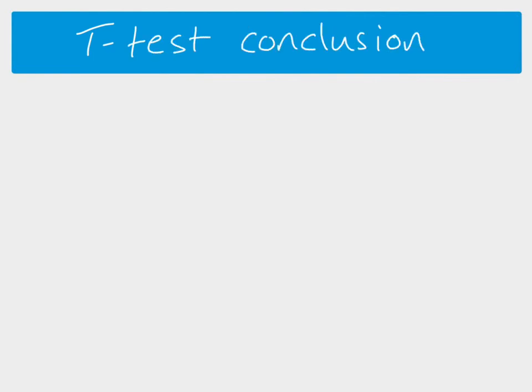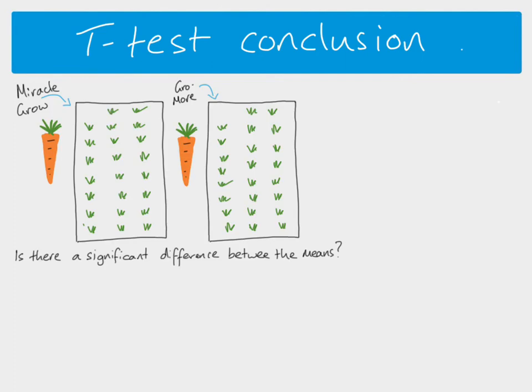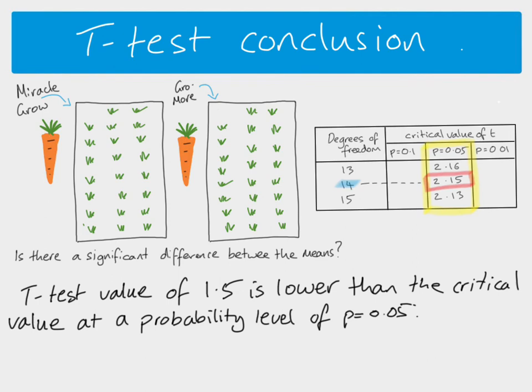So let's just put that in the context of our carrot farmers. So here's what we did. We wanted to find out if there's a significant difference between the means for our 2 different fertilizers. We looked at our t-value against our critical value, and we found, if you remember, a t-test value of 1.5. That's what we calculated a little while ago.